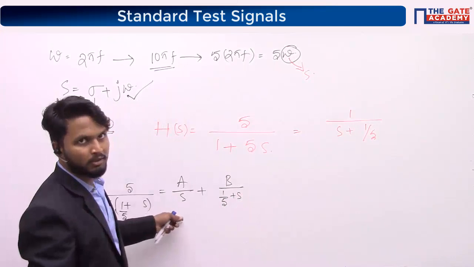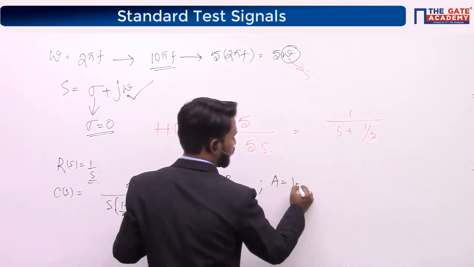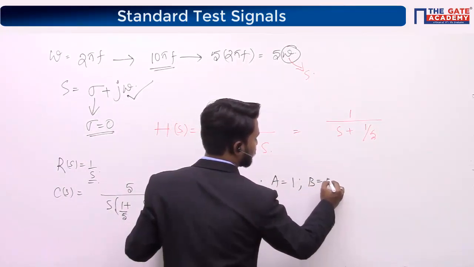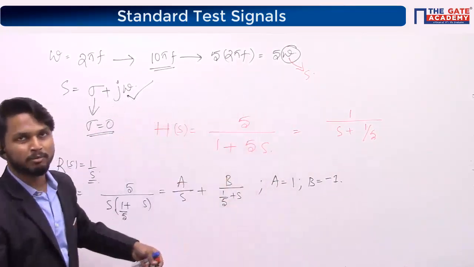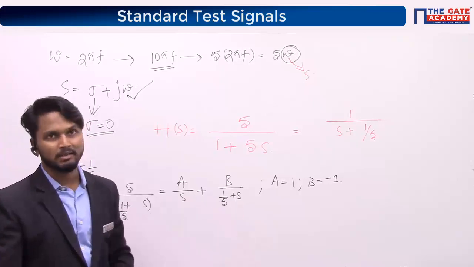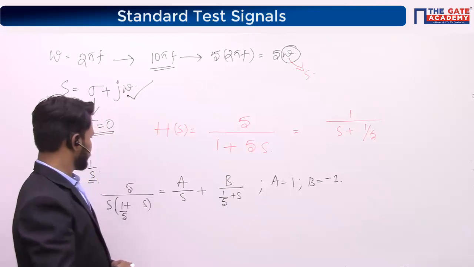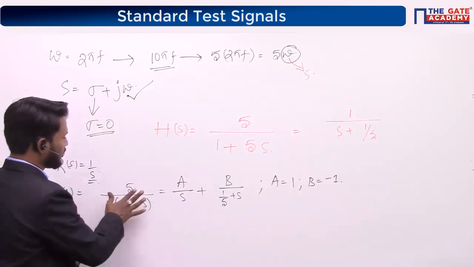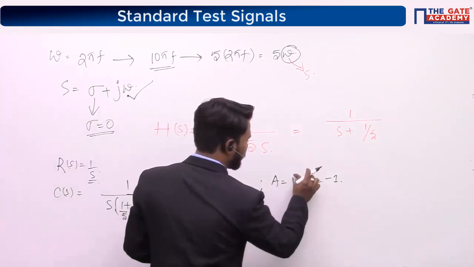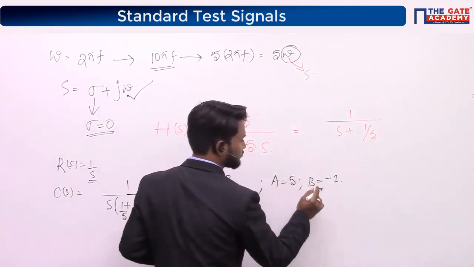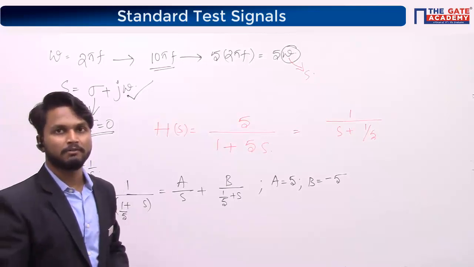So if you find out A and B, you will get A is equal to 1 and B is equal to minus 1 in this case. Sorry, not 1 and minus 1, A and B you will get 5 and minus 5, right? In the previous case you will be getting a different answer.